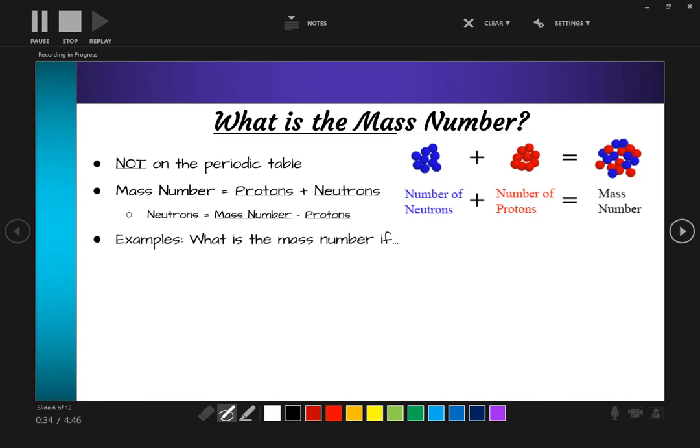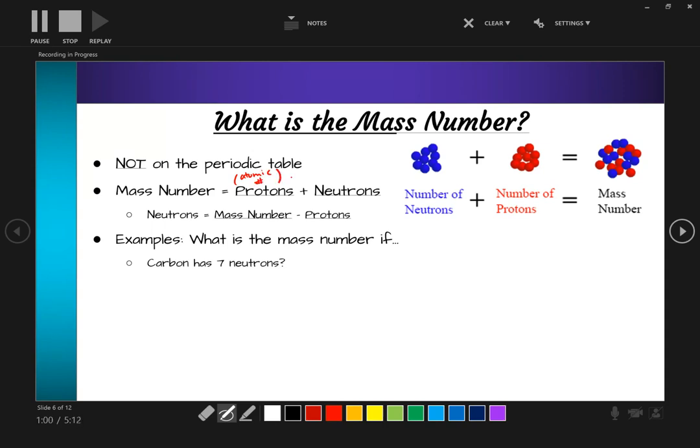Let's try some examples. What is the mass number if carbon has 7 neutrons? So remember that the mass number is equal to protons plus neutrons. So where do we find the number of protons? The number of protons is equal to the atomic number.